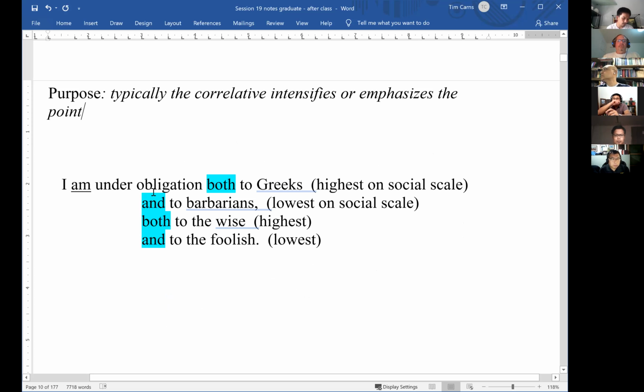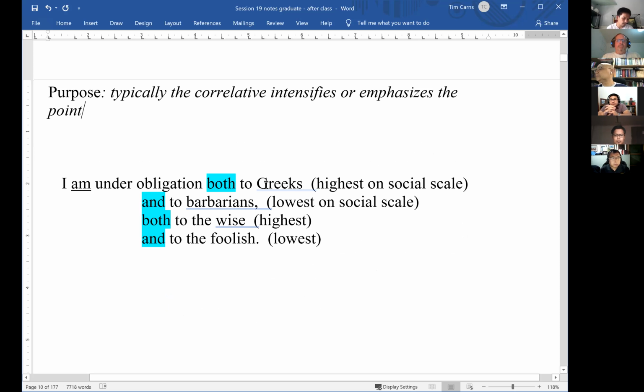So for example, I'm under obligation both to Greeks, and they're highest on the social scale in the Roman Empire and the mindset and the culture. The barbarians were the lowest. They were considered uneducated. They were considered dumb. But the Greeks were considered the intelligent, the socially elite. And then the same with wise and foolish.